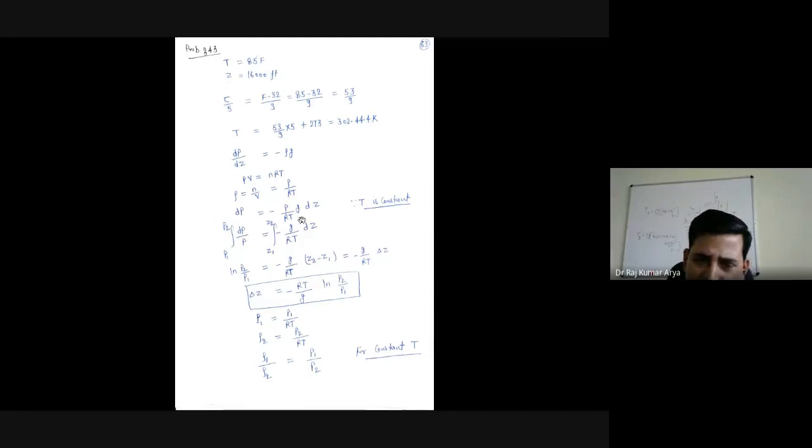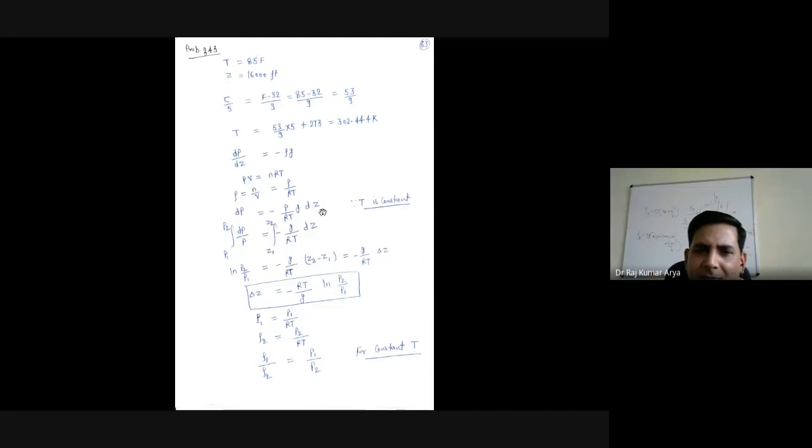You can see this solution there. So temperature was 80 degrees Fahrenheit. Z was 16,000 feet. So Fahrenheit you can convert to Celsius, that's C upon 5 equals F minus 32 upon 9. And then you convert this temperature into Kelvin. You can directly convert maybe Fahrenheit to Kelvin or Celsius to Kelvin, choice is yours.